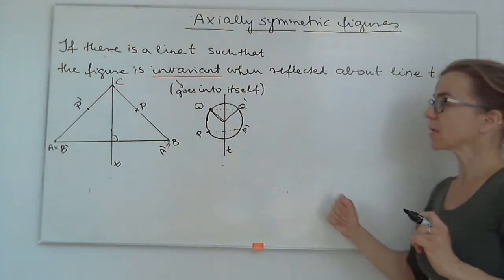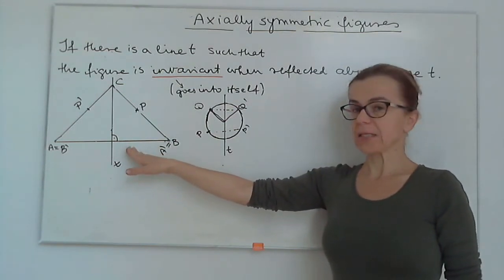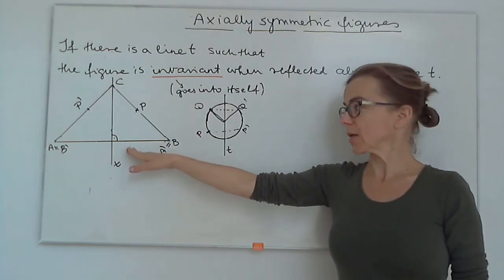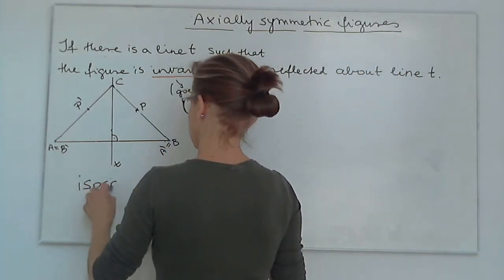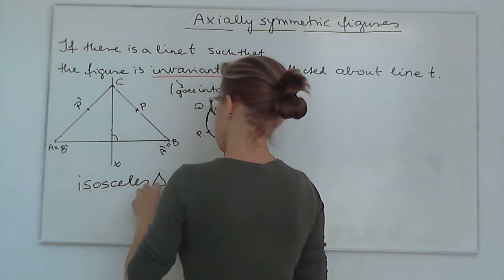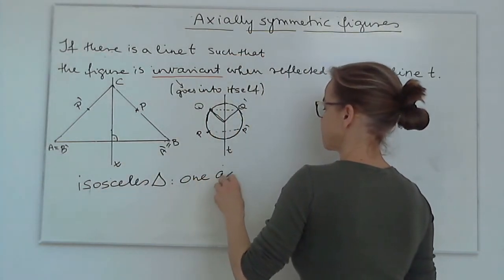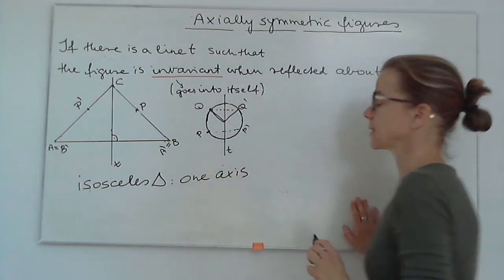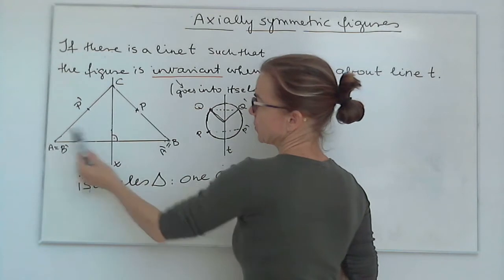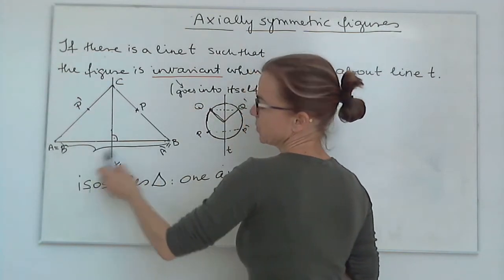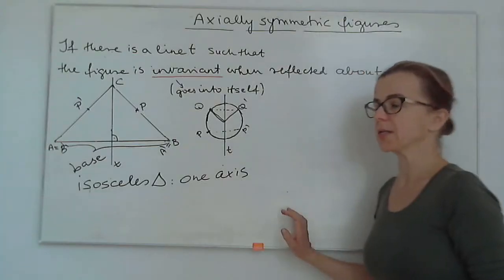So the special case when a triangle can be axially symmetric is the isosceles triangle. And in this case, you have one single axis, and this axis is actually the perpendicular bisector of the base of the triangle. So we just remind you of this vocabulary, which you already know.